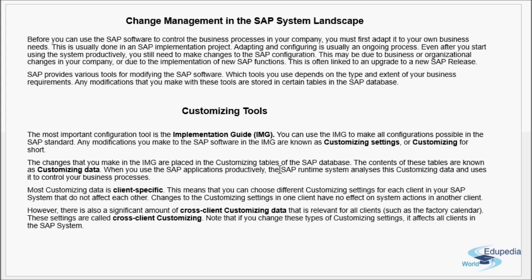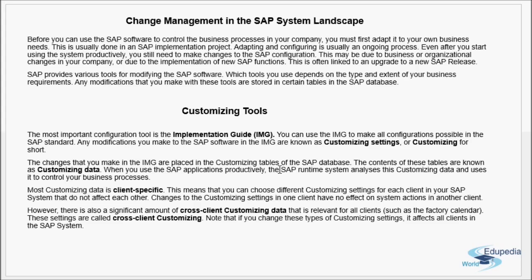When you use the SAP applications productively, the SAP runtime system analyzes this customizing data and uses it to control your business processes. Most customizing data is client specific. This means that you can choose different customizing settings for each client in your SAP system that do not affect each other.